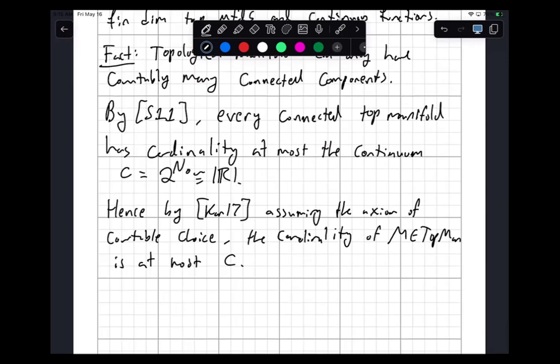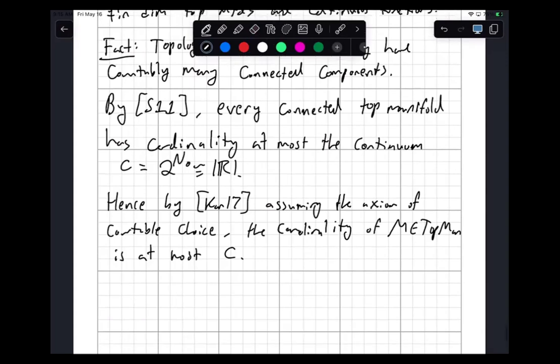One thing you can mention is that once you get to infinite cardinals, the product of two cardinals just winds up being the bigger cardinal. So you take C times Aleph null. That's just C. That's the argument why it works. All right, so the cardinality of every topological manifold is at most C.